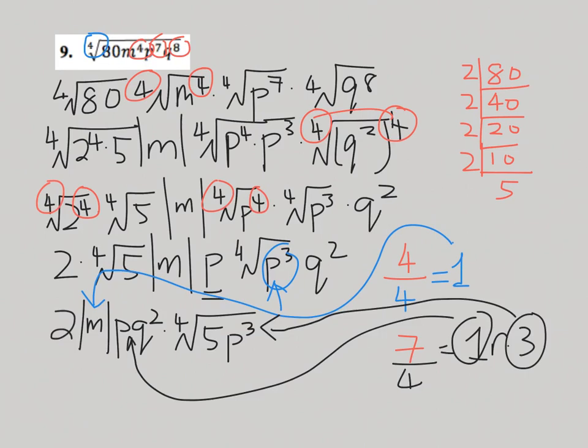And for q to the 8, we write it as 8 divided by 4, you get a 2. So this number 2 is the exponent of q outside the radical symbol, and there is no variable q in the radicand.